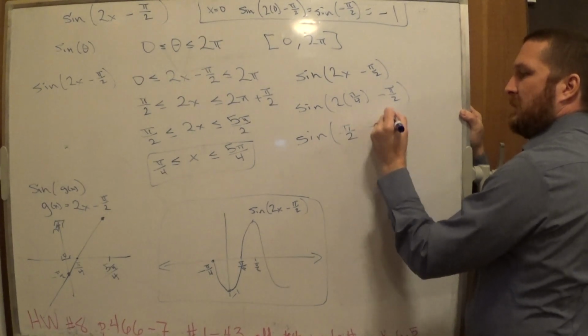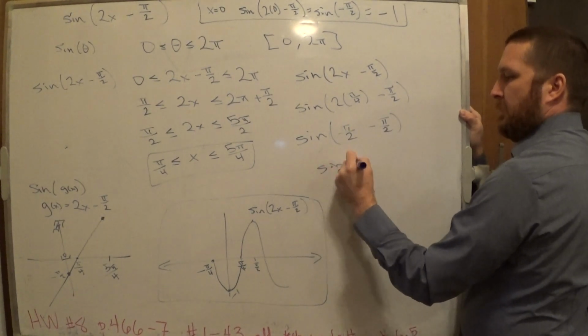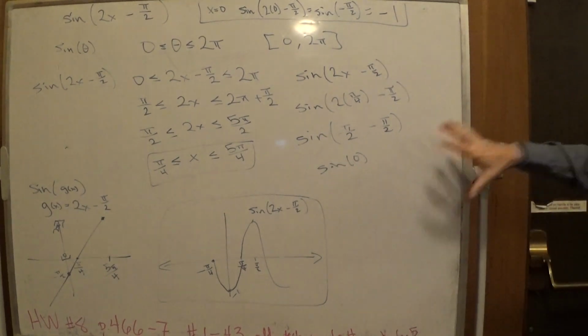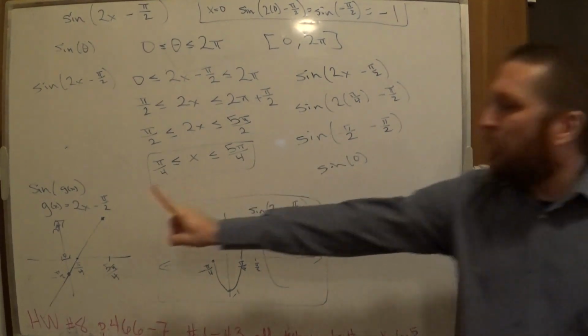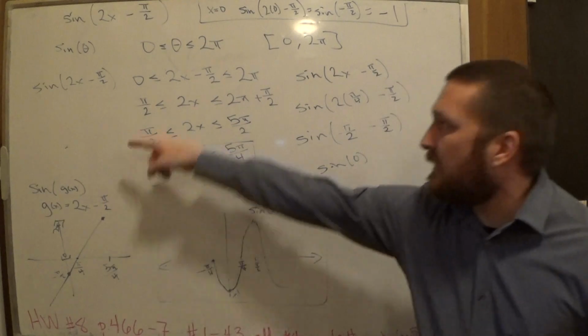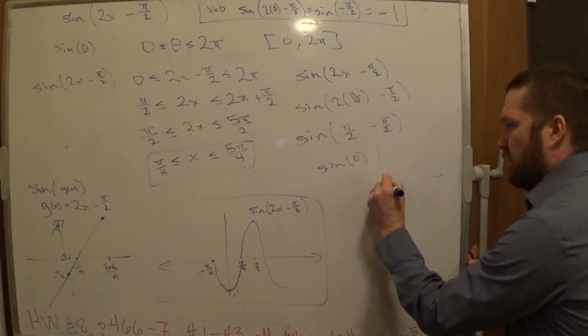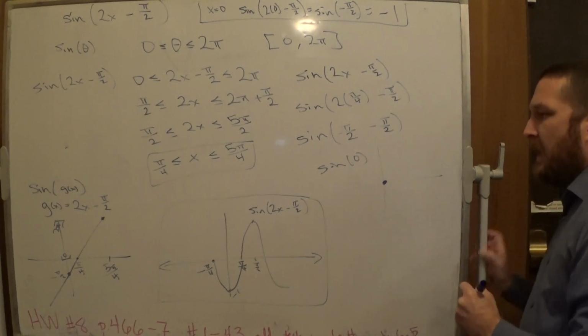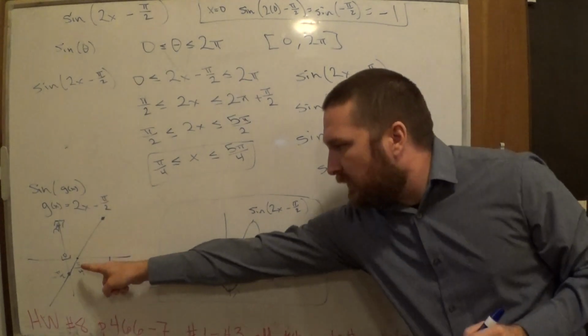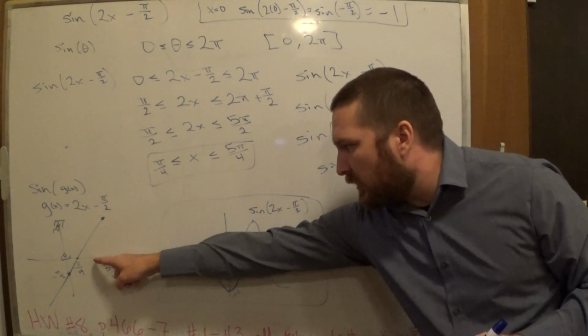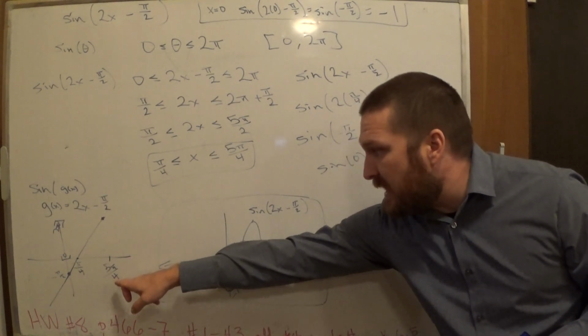What's pi over 2 minus pi over 2? 0. So as far as sine is concerned, when you plug in pi over 4, it thinks, I'm sine of 0, I know what to do with that. Sine of 0 starts right here. Then you go through every one of these values, moving along until you get to the end.